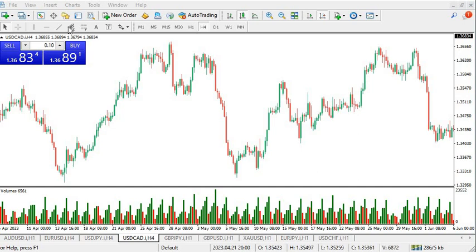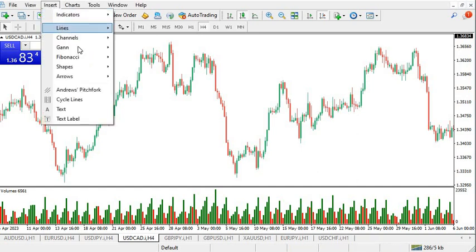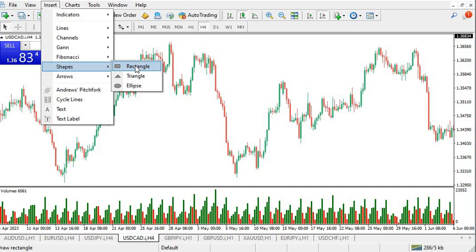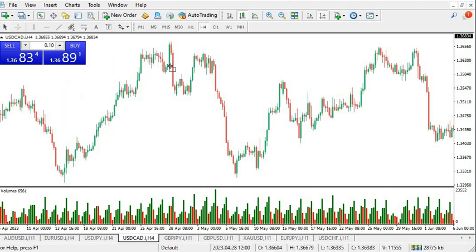Now let me show you an example of a bearish order block, the characteristic of a tradable bearish order block. As they say, the tradable order block must break the market structure to the downside. And we saw what it means by breaking the market structure.